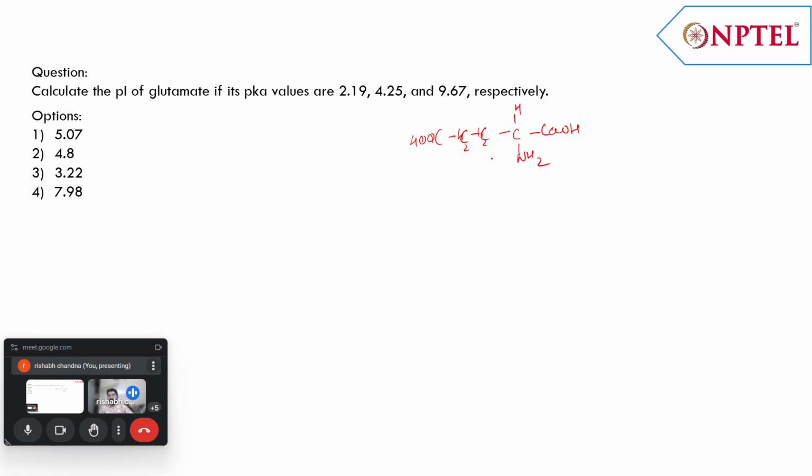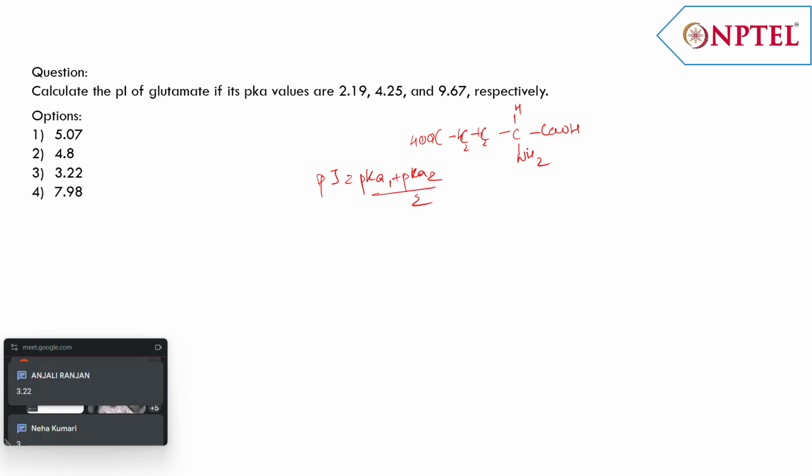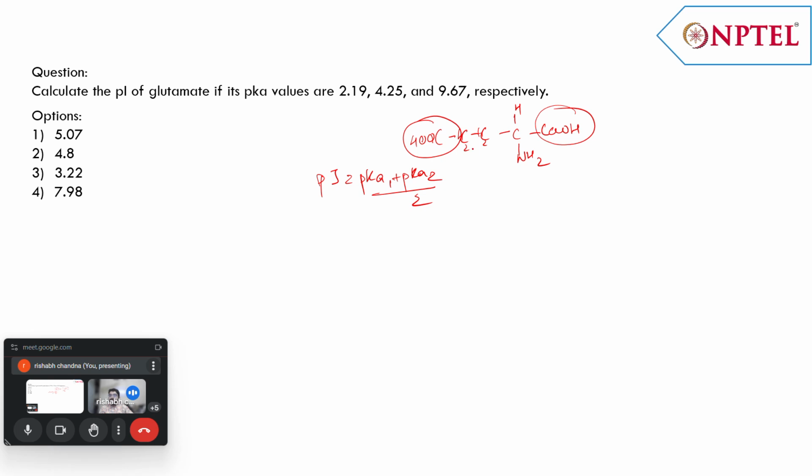Now, when we have such a scenario, the formula for pI remains the same. So this is a trick. Why? Because in this case, only two groups would have pK values in a similar range.